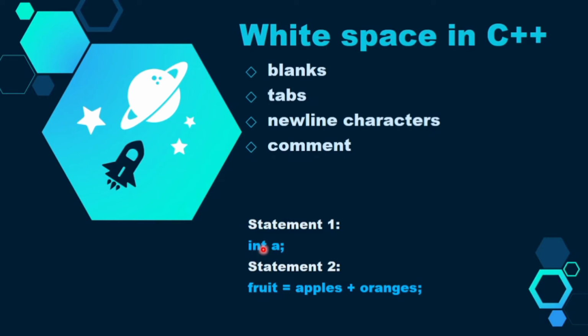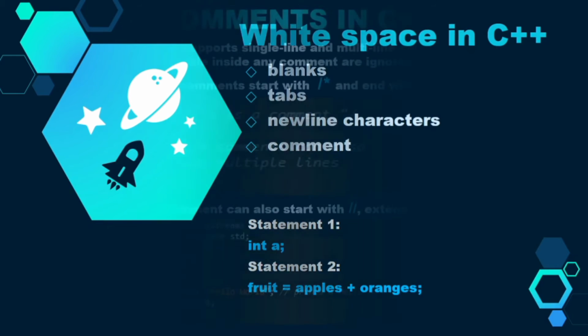So here is statement 1. In the statement below, there must be at least one white space character, usually a space, between int and age, for the compiler to be able to distinguish them.